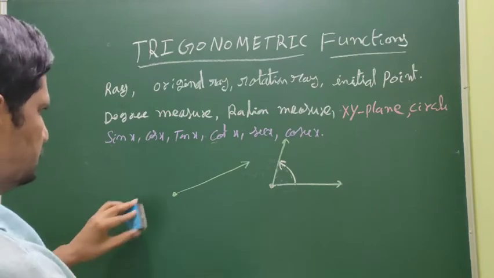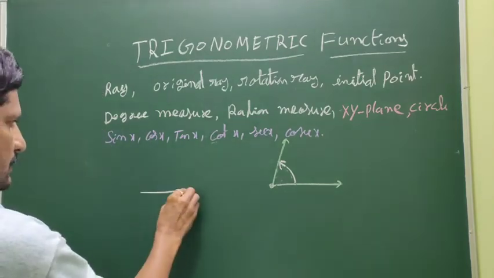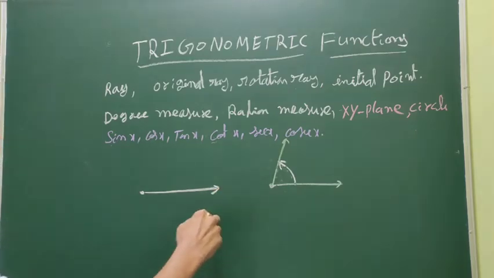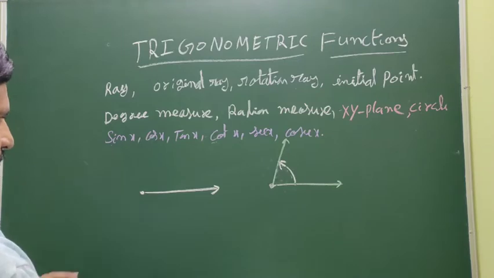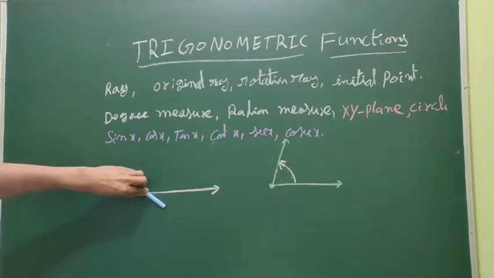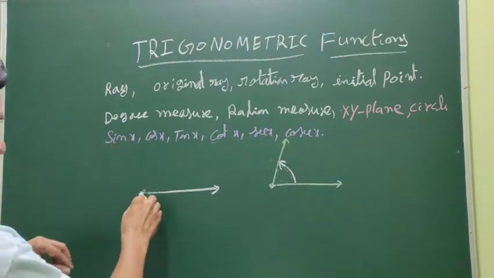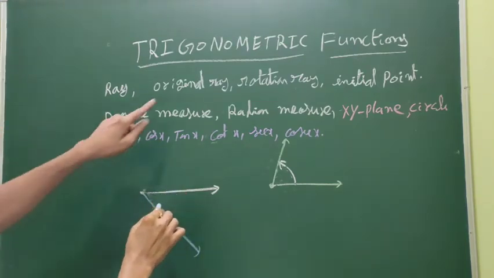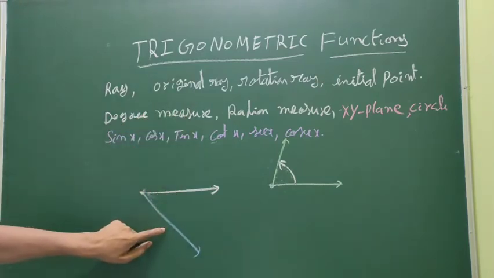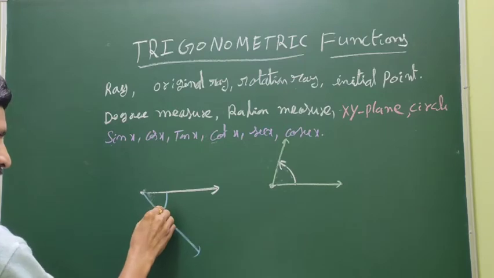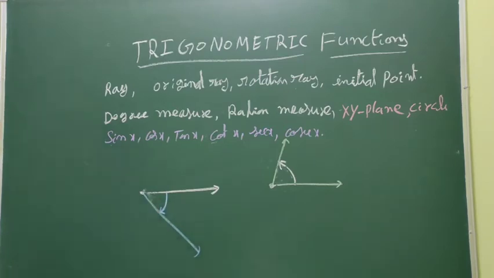suppose this is the initial point, this is the original ray. Now see, this is rotating downside. Now this is the original ray, and this is the rotation ray. Now the angle is drawn like this.